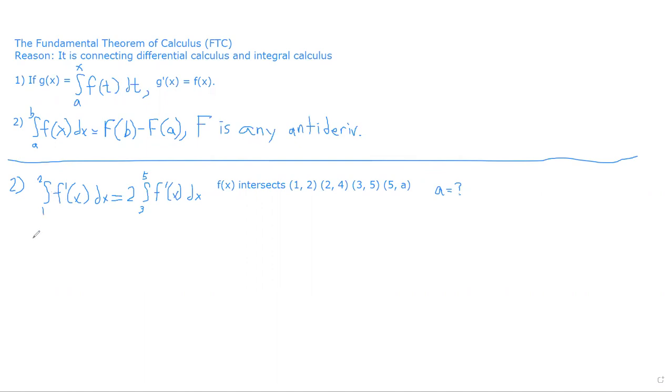So here that means f of 2, b equals 2 here, and a equals 1. f of 2 minus f of 1 is equal to 2 times f of 5 minus f of 3.